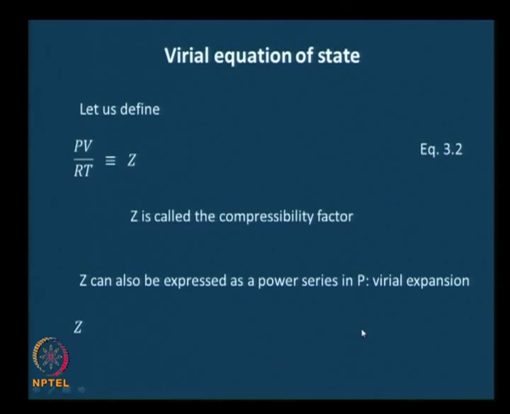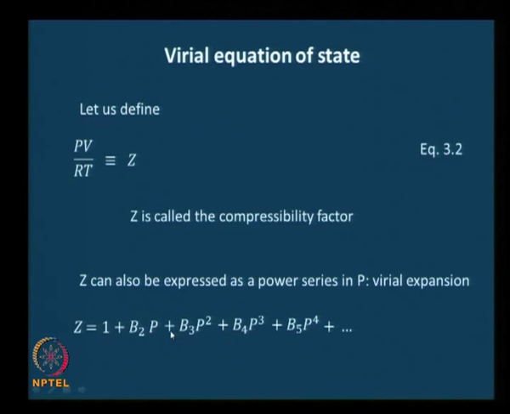Z can be written as 1 plus a coefficient B2 times P plus B3 times P squared plus B4 times P cubed plus B5 times P power 4 and so on.